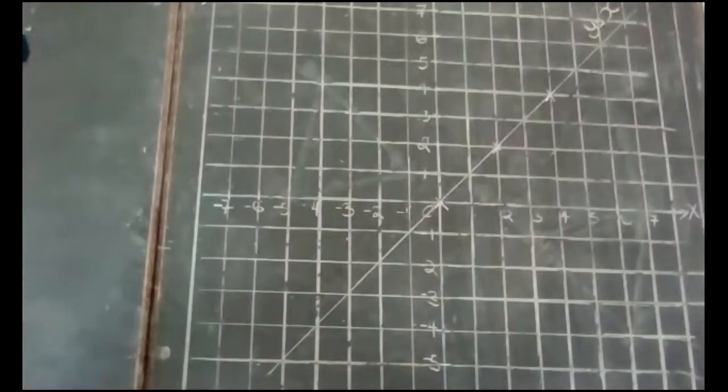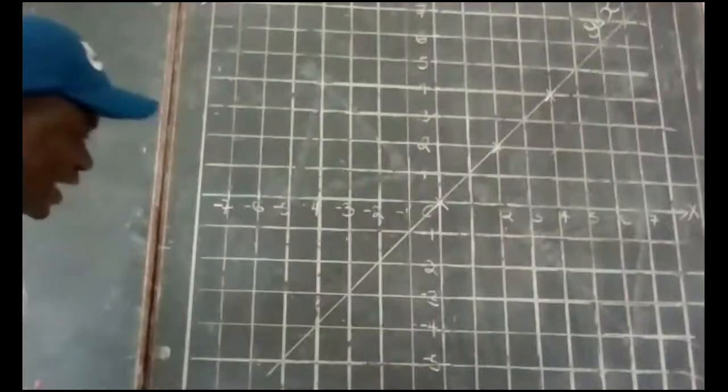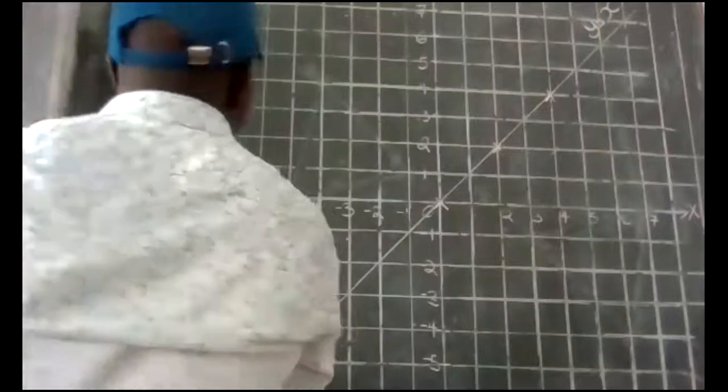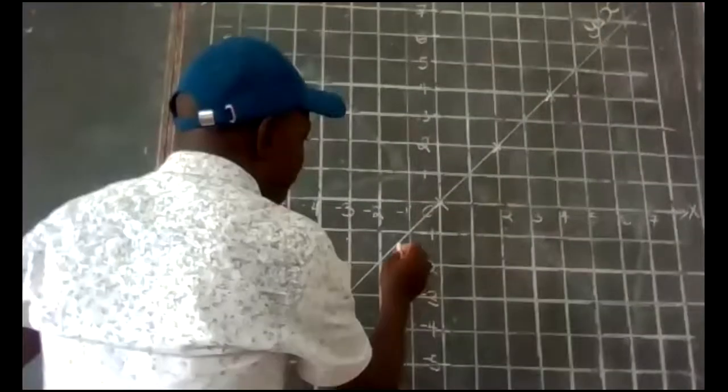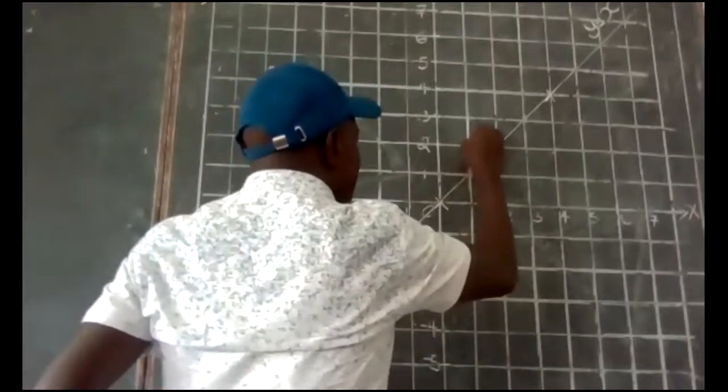Okay, our mirror line is here. Now, the object triangle. P is 1, 2: 1 on the x-axis, then 2 on the y. The point will be here.